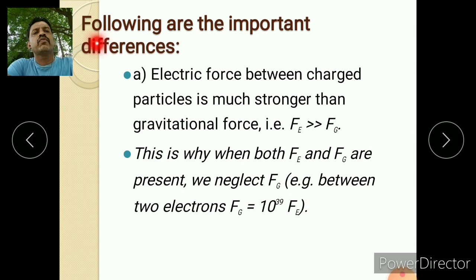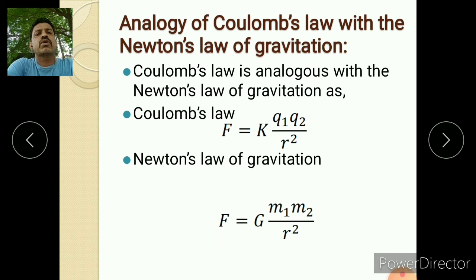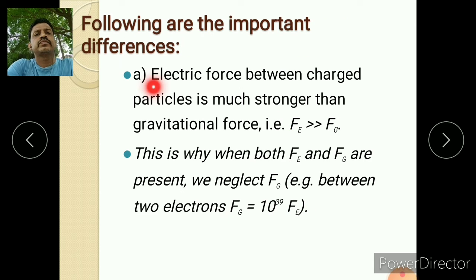Following are the important differences between these two laws, Coulomb's law and Newton's law of gravitation. The electric force between charged particles is much stronger than the gravitational force, that is, Fe is much greater than Fg, the gravitational force.